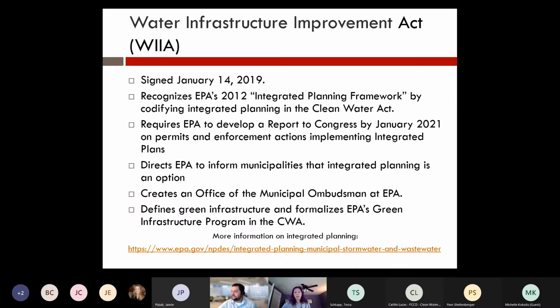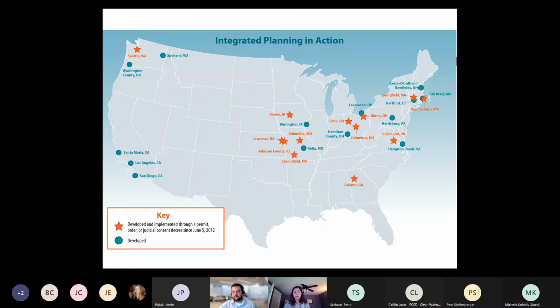So that's really exciting because that is a cost-effective, innovative solution. And I've already heard a number of MS4s talk about how that's been helping them with reducing sediment and meeting some of their TMDLs. Here's a map of integrated planning in action.